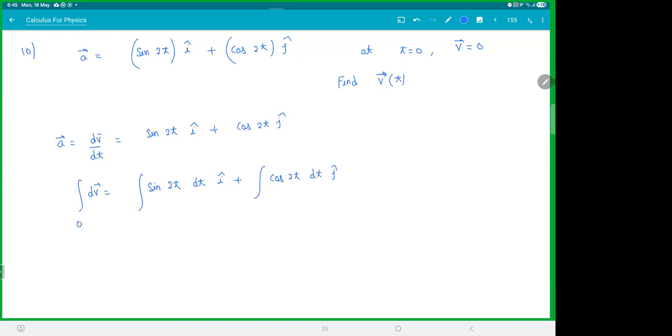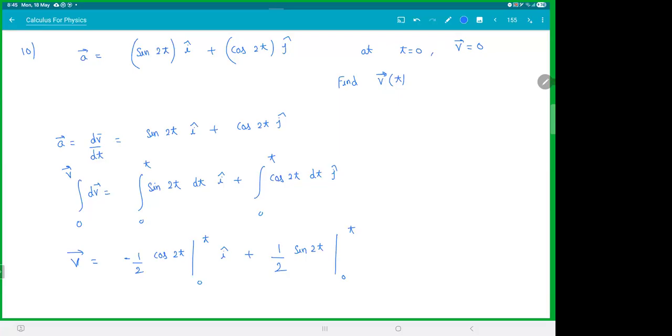It is given initially it is 0. This is v bar. This is 0 to t and 0 to t. So on the left hand side, we'll get a v bar, and this would be minus 1 by 2 cos 2t, 0 to t i cap, plus this would be 1 by 2 sine 2t.